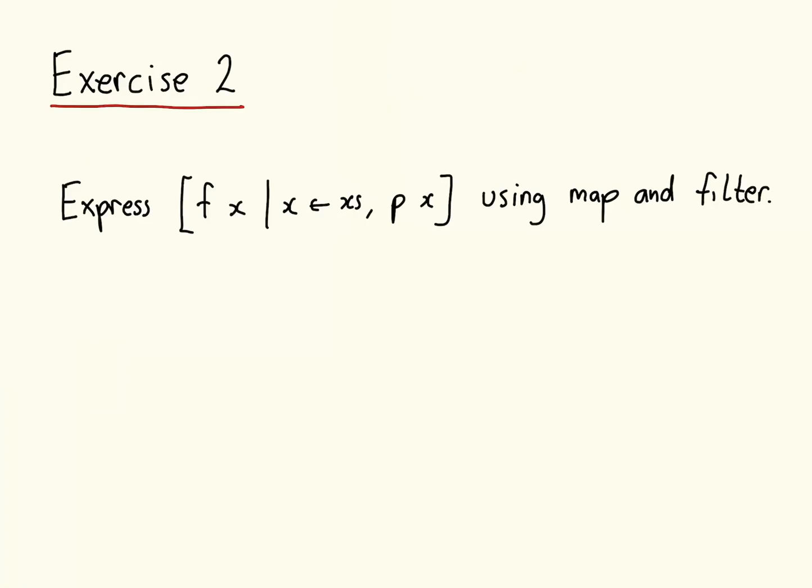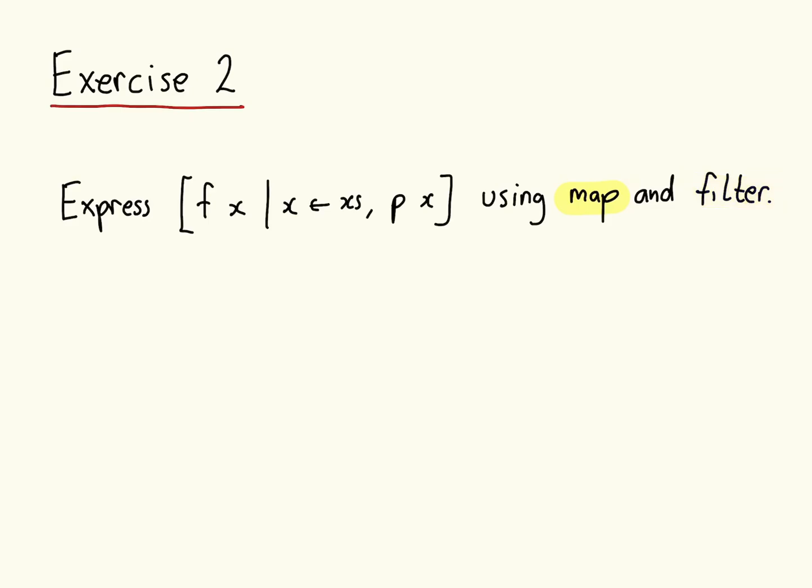So let's move on to the second exercise. So this is a nice one, and what I've given you here is a simple list comprehension. It's got one generator, which is x ranging over xs, one guard, and then we're applying a function to everything that remains. And the name of the game here is you have to redefine or re-express this list comprehension using two of the higher order functions which we learned about today, which are map and filter.